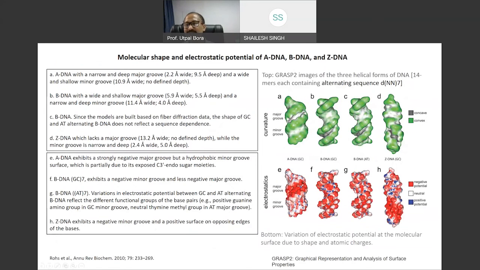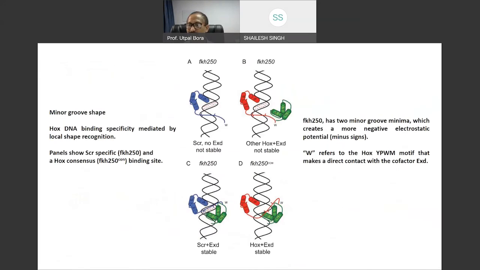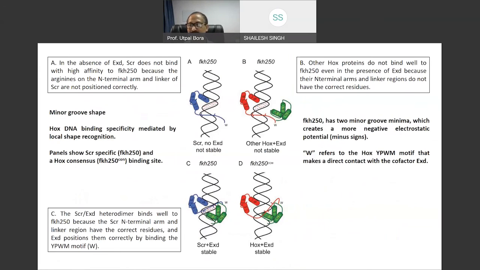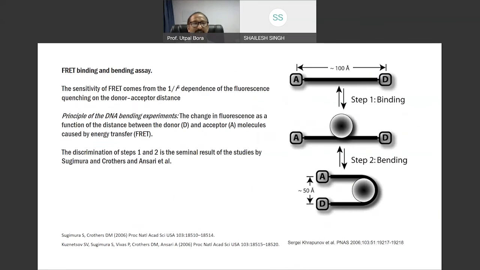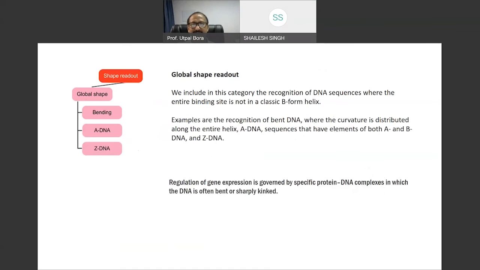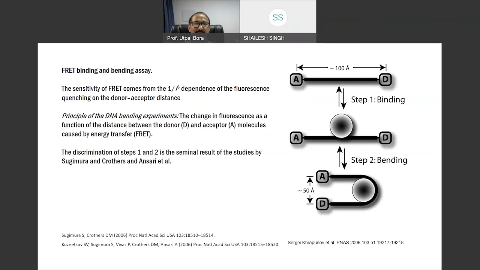In this figure, you can see with the same sequences, the topology of A and Z-DNA varies, and from here you can make out that this will facilitate different kinds of global shape readout. Okay, now let us take only one example regarding the bending, how this is important.